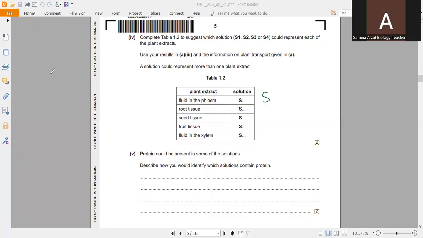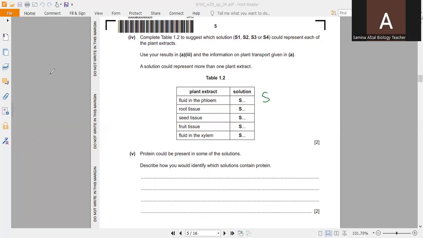Root tissues contain starch, so it should be positive for starch and negative for reducing and non-reducing sugar. Then seed tissues will also contain starch, so it will be tested with iodine. And the fruit tissues contain sucrose and glucose, so reducing sugars will always be there. And the fluid is mainly water and mineral salts, so it lacks complex organic macromolecules.